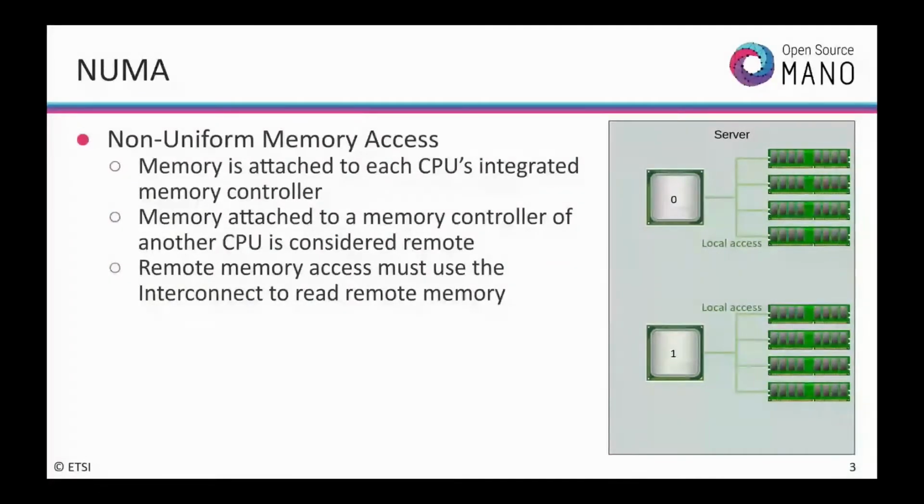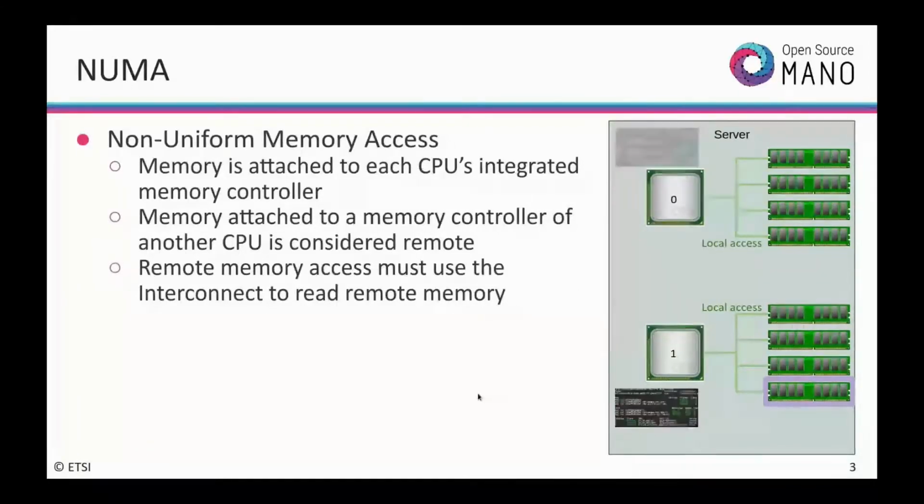So the memory controllers are physically really close, and access across it has to be remote. So if you have a process running on CPU number 1, then its memory may be in this chip that's co-located with CPU number 1.